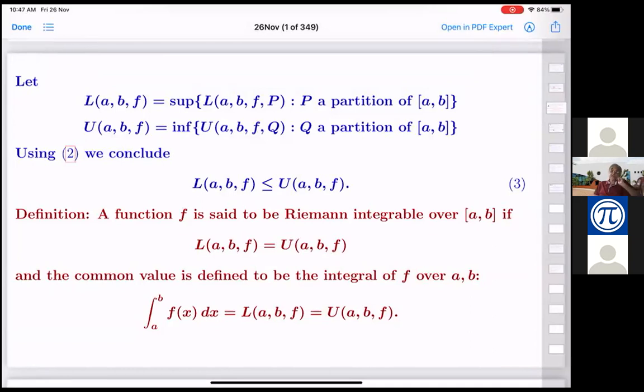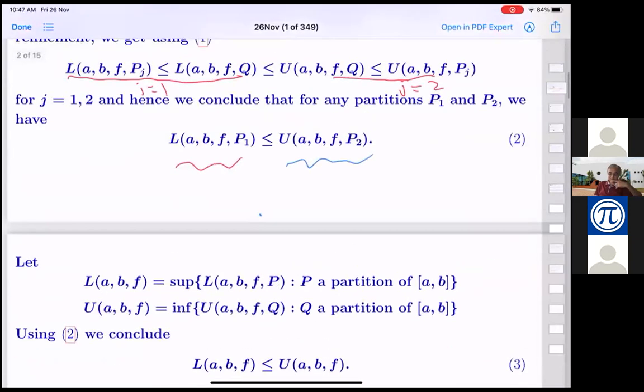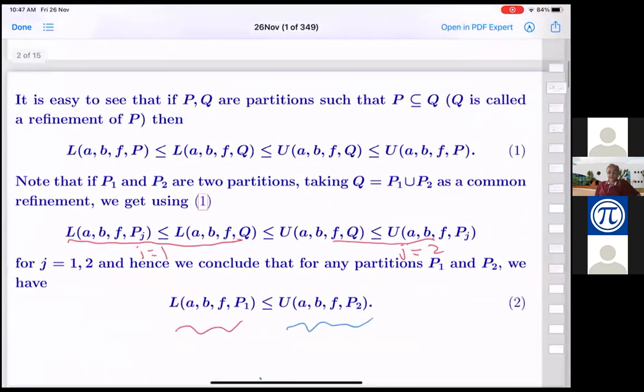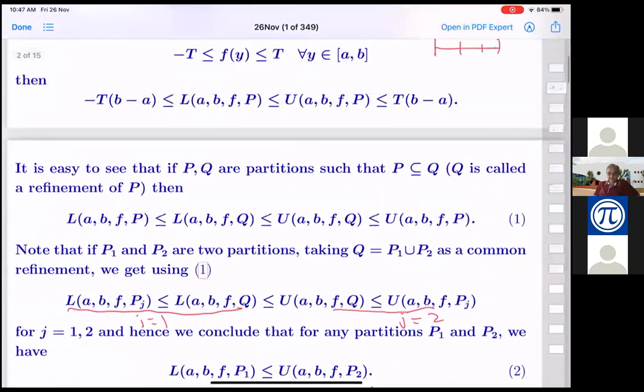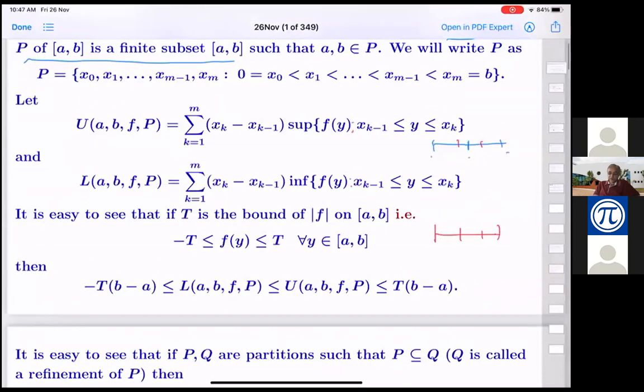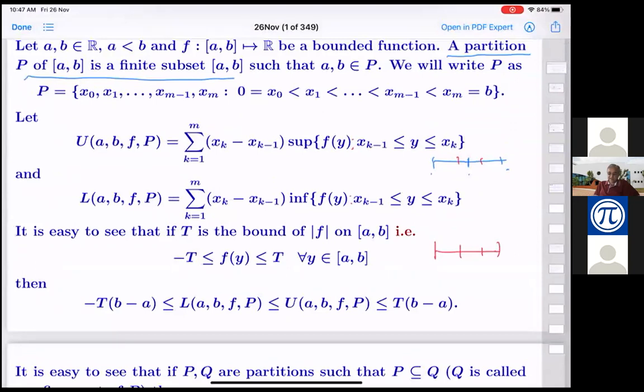We can see that a constant function is always integrable, because if f is a constant function, f(x) equal to 7, then what will happen? The supremums will always be 7, and this sum will be the length of the interval a to b. So it will be b minus a. Lower bound will also be b minus a, irrespective of any partition.